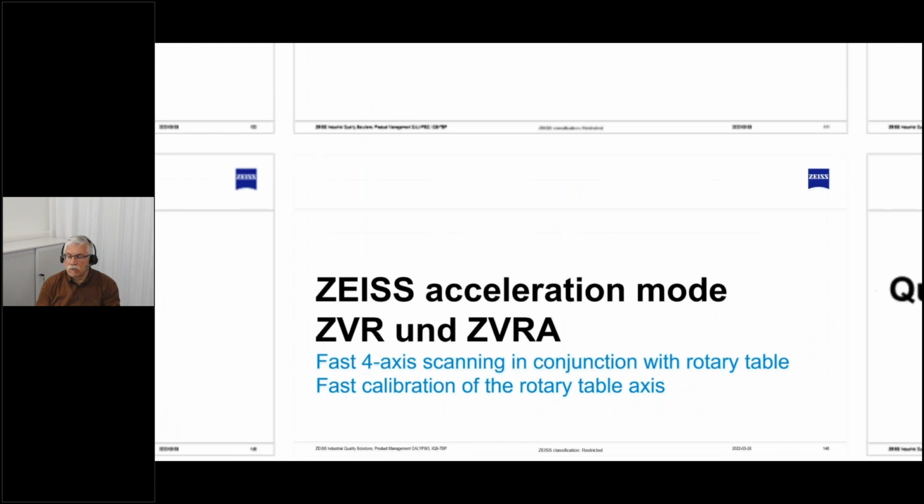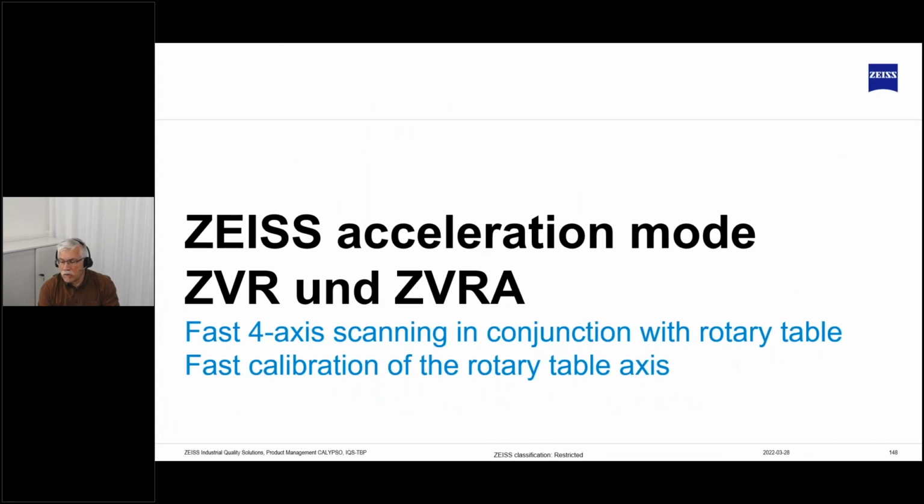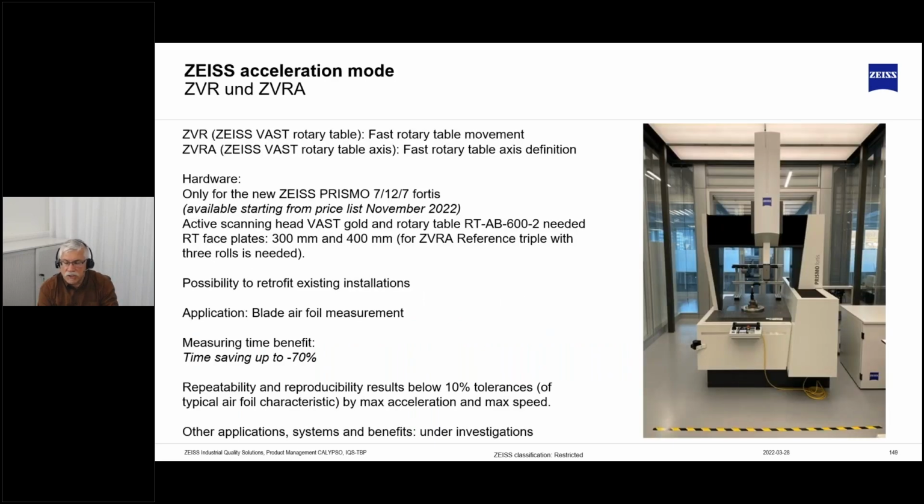So the last 2 functions I want to introduce with Calypso 2022 are hardware functions in combination with the activation in Calypso. This is the ZEISS acceleration mode called ZVR and ZVRA. It's for ZEISS vast rotary table and ZEISS vast rotary table axis. So it requires the hardware.